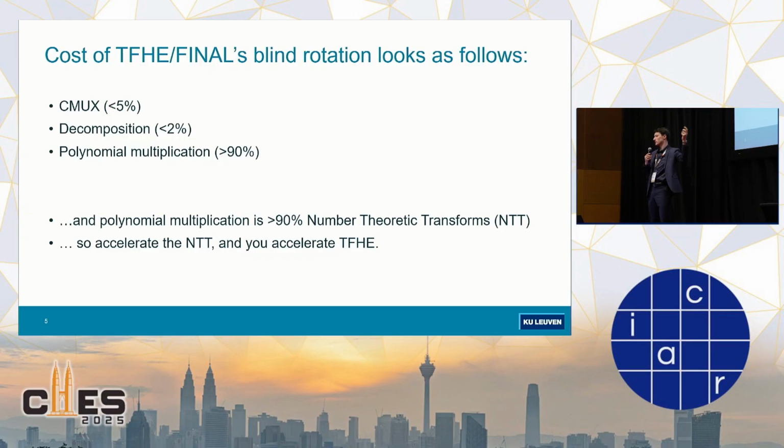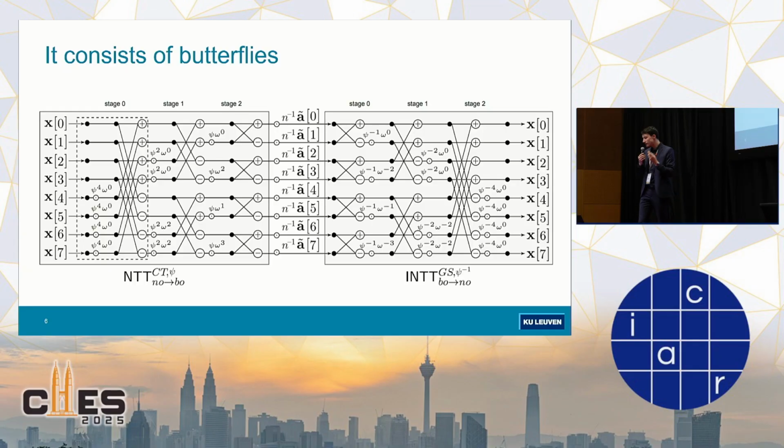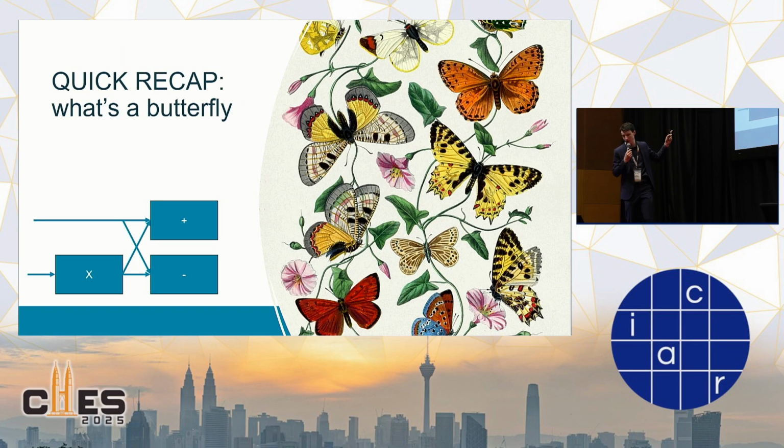You'll still have to put the rest of the circuit on your FPGA, but honestly, the NTT is the most important. Now, an NTT consists of butterflies. That is these operations: something that consists of doing a modular addition, a modular subtraction, and a modular multiplication. Of which, of course, the modular multiplication is the most difficult one.